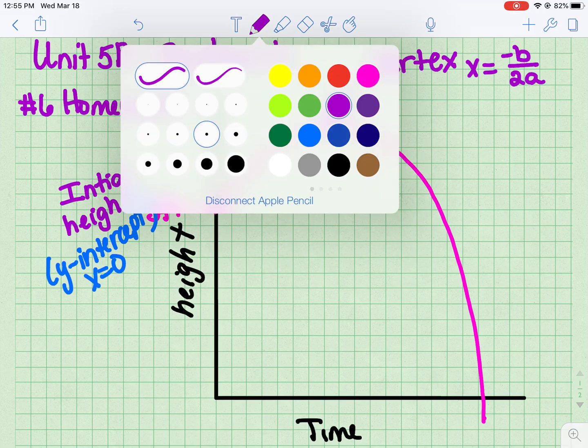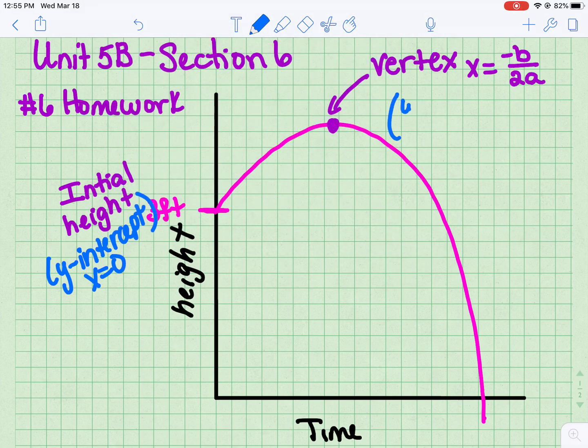In real life, the vertex is going to tell me when I'm at my max height and what my max height is. Okay, so if I'm asking for max height, I'm asking for the y value of the vertex. If I'm asking when the ball hit the maximum height, then I'm asking for the x value of the vertex.